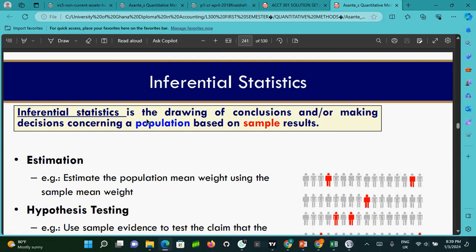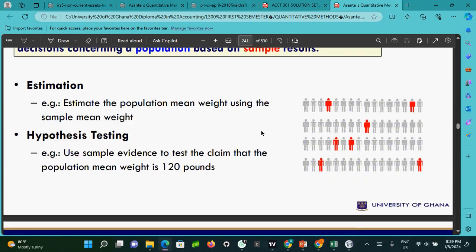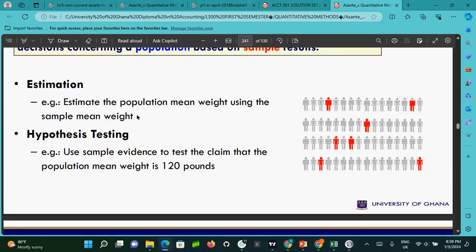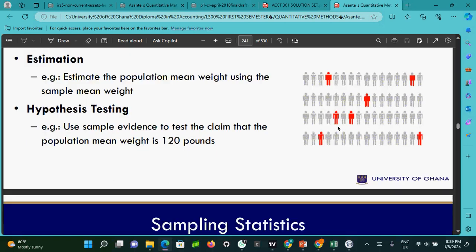So inferential statistics is the drawing of conclusions or making decisions concerning the population based on the sample results. For example, if you're estimating the mean weight using the sample mean, we select a few samples and check their mean, and we assume that the whole population has that weight.